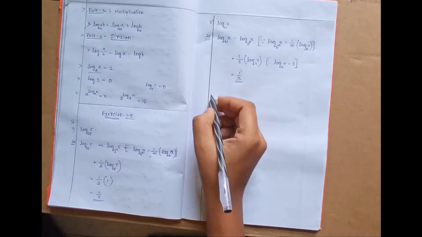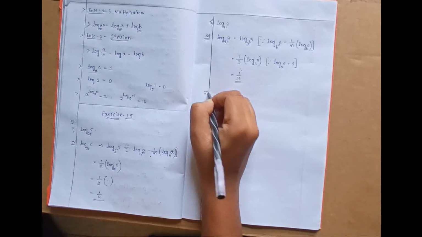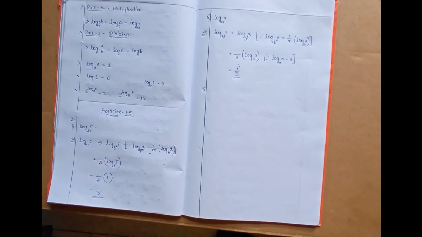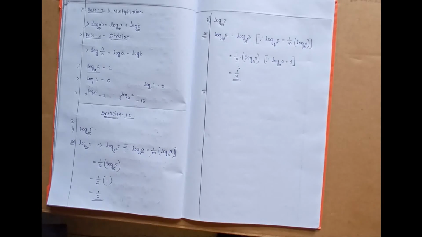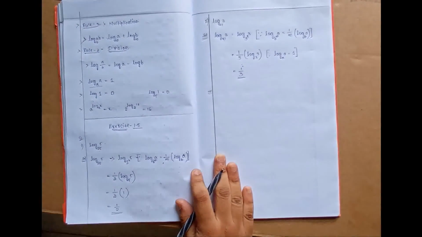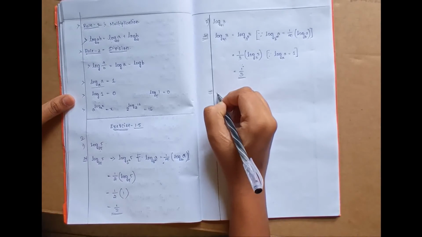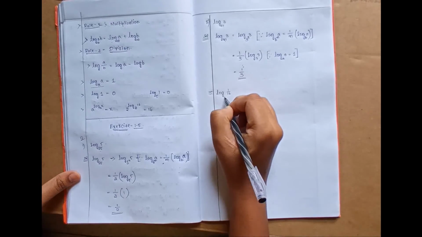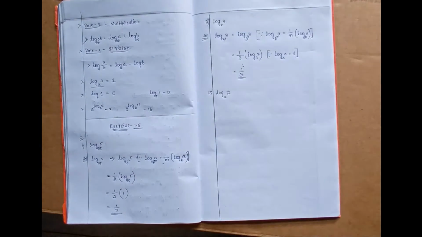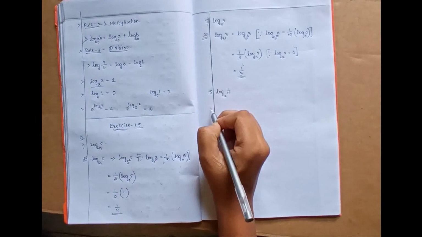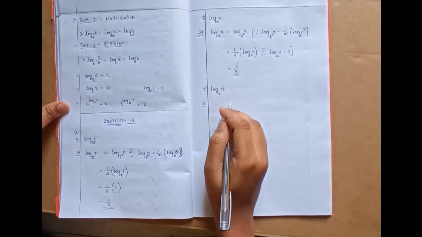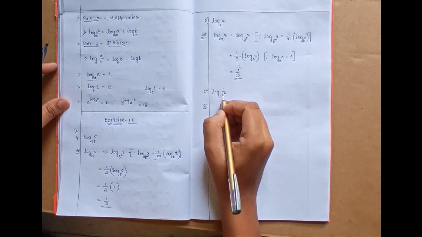Okay, now let's take the third question. The third question is log 1 by 16 to the base 2. Let's find the value for this logarithmic number.